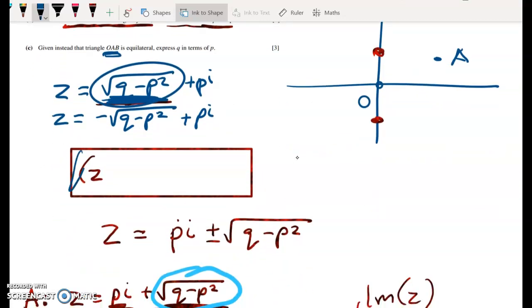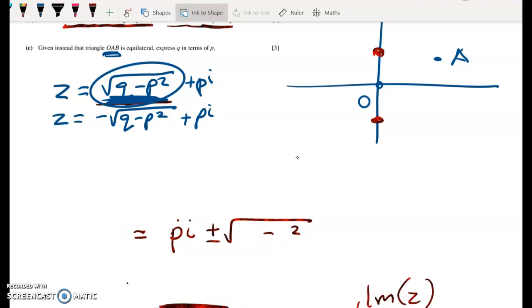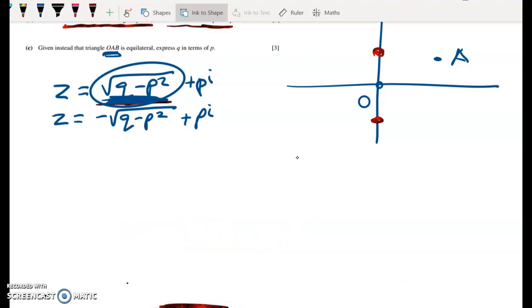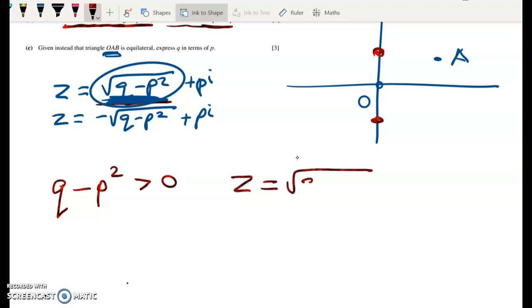So this might be something like 2 plus 3i and negative 2 plus 3i. So let's just see where they sit on my diagram. So the case we're dealing with now is Q minus P squared is positive. So the first one is Z is equal to this positive real number plus Pi.